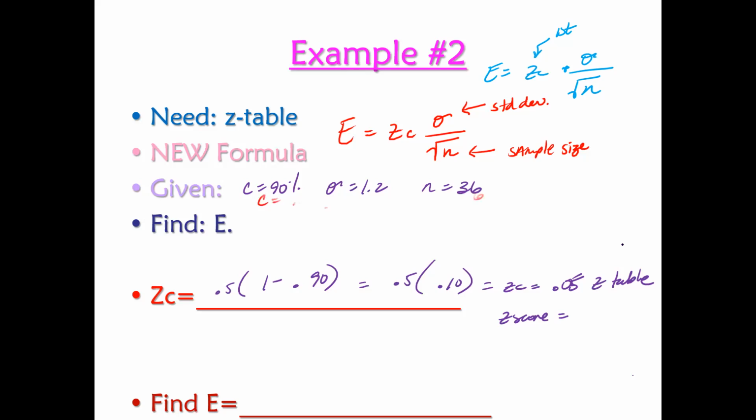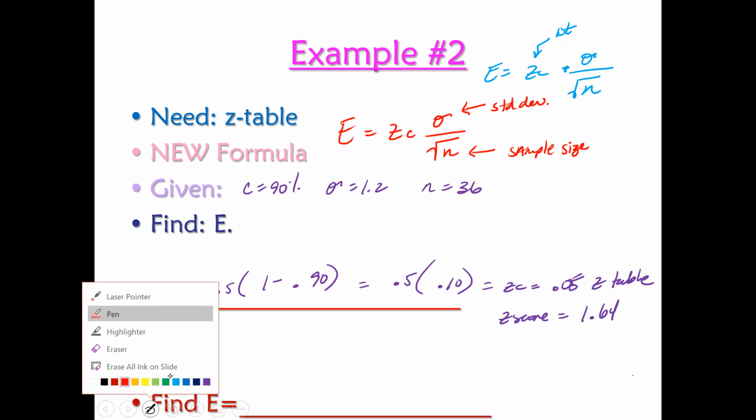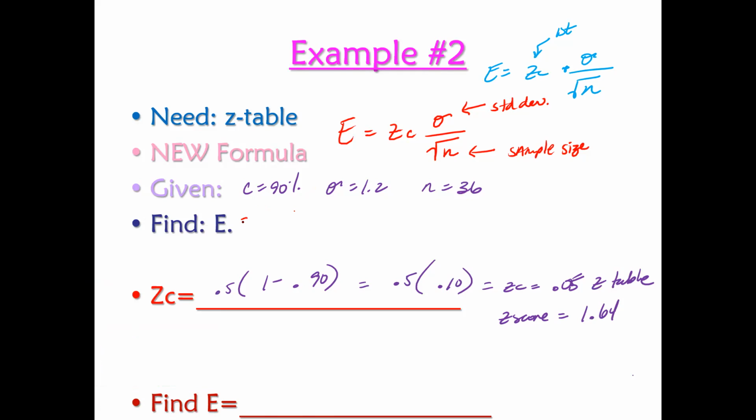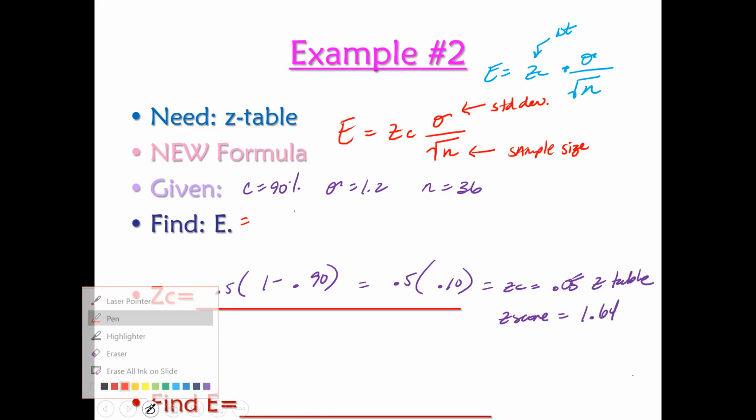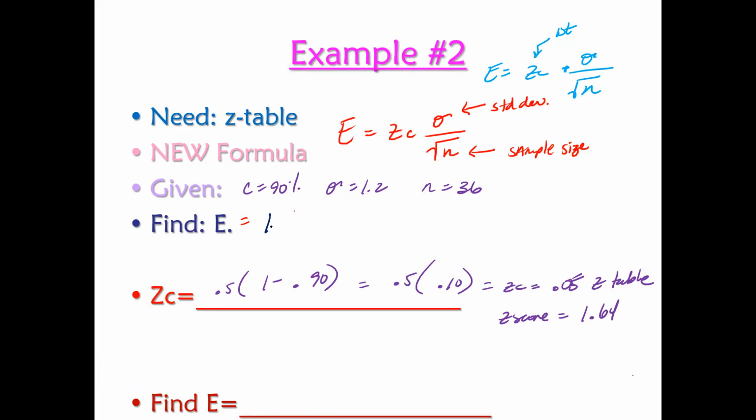So now I'm going to go back to this. And I have 1.64 as my ZC score. So then from here, I'm going to take that and plug it into this equation here to find E. So E is going to equal ZC 1.64 times the standard deviation 1.2 divided by the square root of 36.